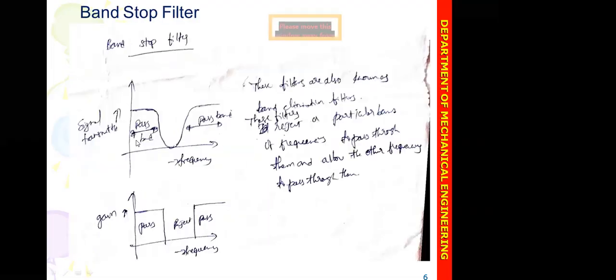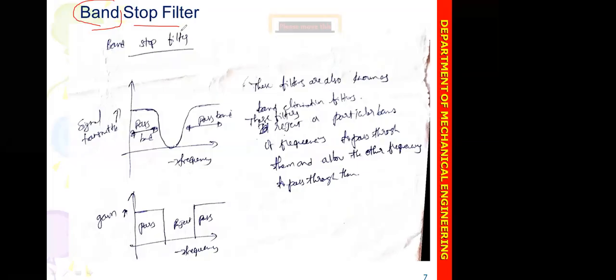band stop filter. In this band stop filter, only a certain band of frequencies from a signal are stopped, or rejected, or eliminated, or deleted, and the remaining frequencies of a signal are transmitted.